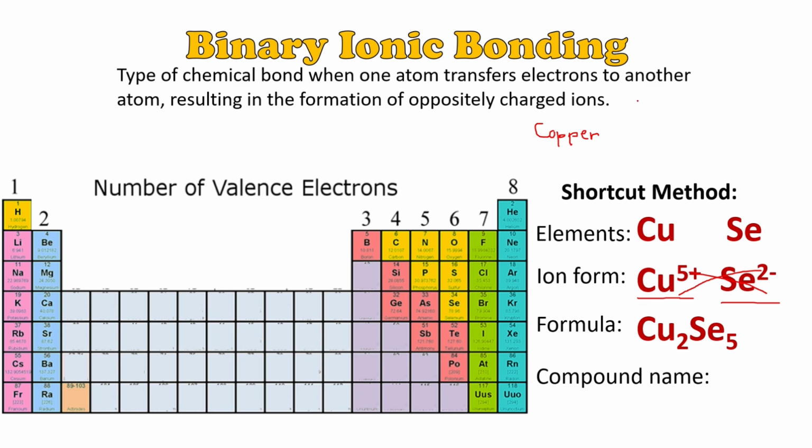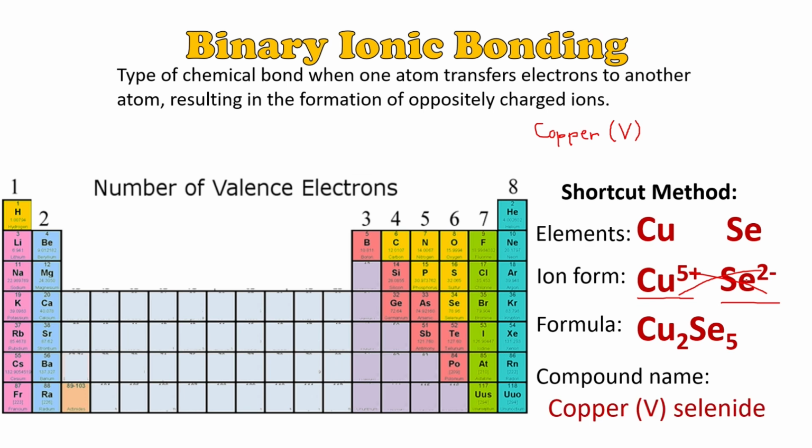Whatever charge that copper has, you need to include that inside a parenthesis and in Roman numeral. Since it's 5, you represent it with V. So copper V, that's your cation. While the anion, this Se2 negative, is selenide. So the complete name is copper V selenide.